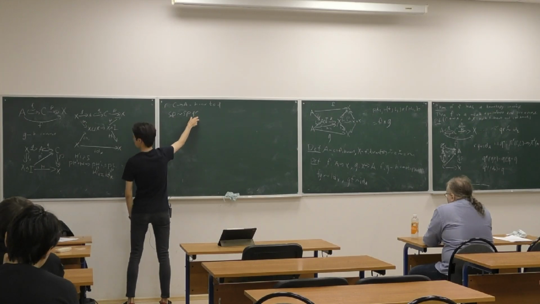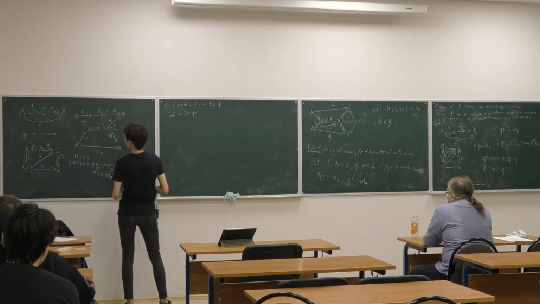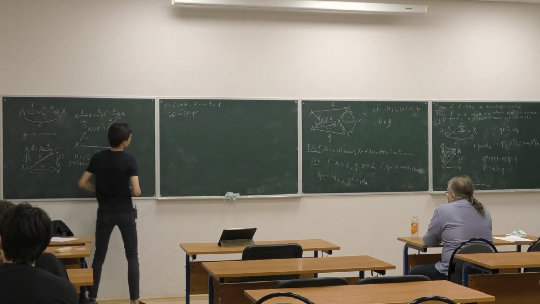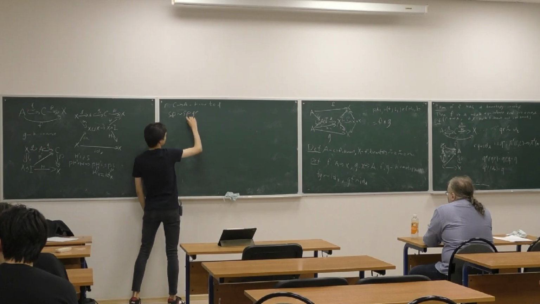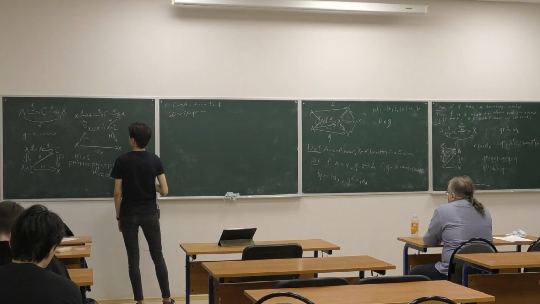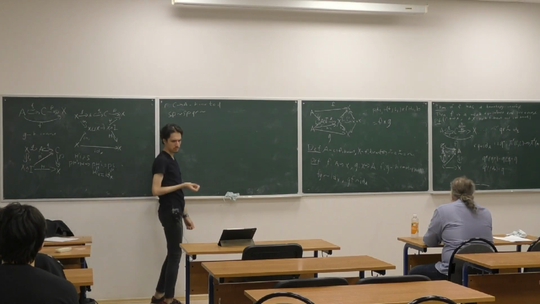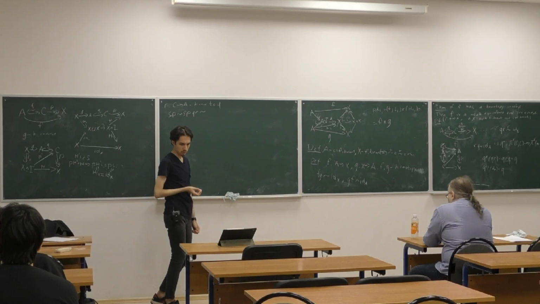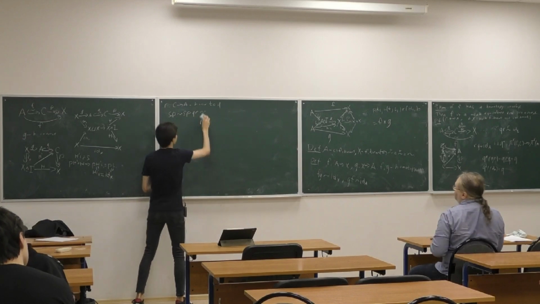R is a map from C to C also. So this is equal to this. We know that PQ is just equal to F. Well, maybe that's true, but we don't need this.